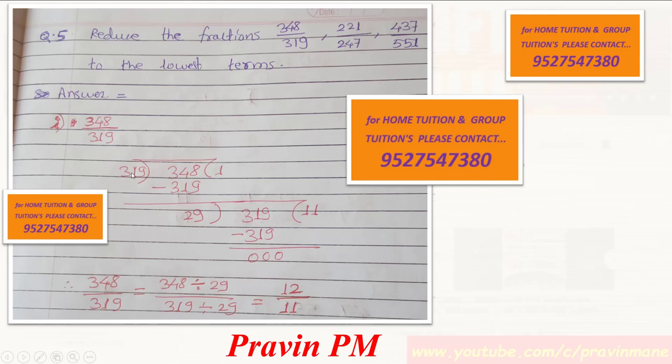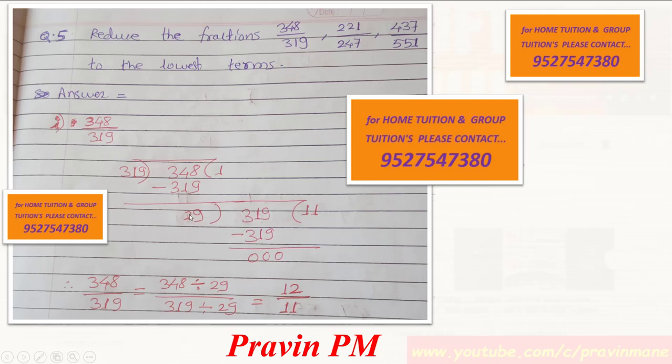So 319 ones are 319. So how will you do the long division? This way, minus 319. So 348 minus 319 is 29.